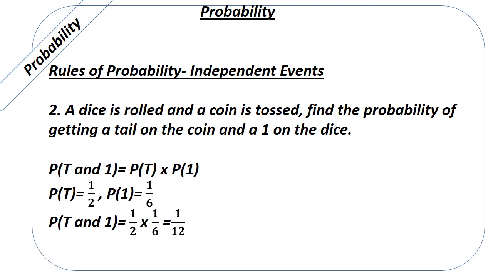And for tree diagrams, let's say they have asked to find the probability of getting, for example, in our previous example, both blue balls or both red balls. So there is "or". You have to get the probability of both blue balls, then add it to the probability of both red balls.